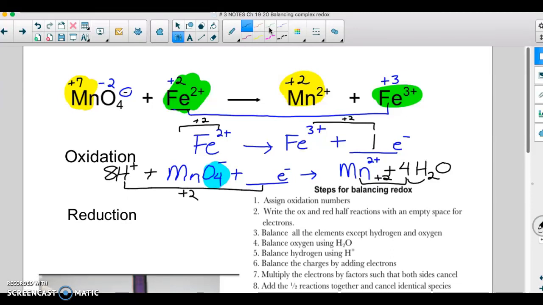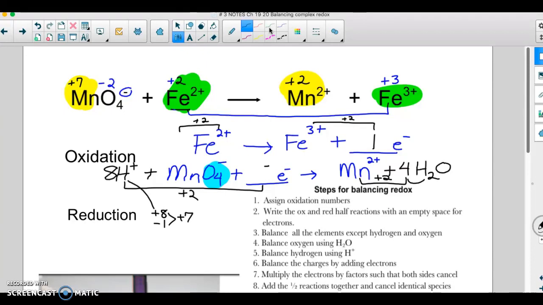So when I do this, I have to think I've already got +8. I have a -1 from the permanganate. So then I'm really at a +7 at this point without any electrons, and I want it to overall be +2.